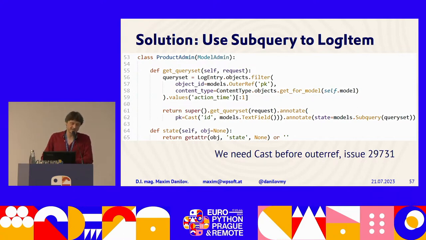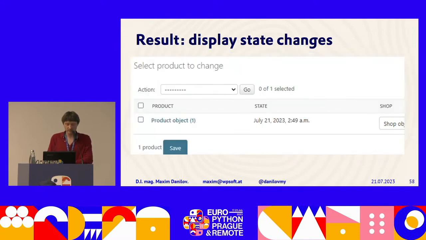The user from the last row is the last editor, and the user from the first row is the creator. And if I use a subquery, I can make only one database query, and it works like a charm right now. You can see, for example, that the last state change happened in July for this product object.